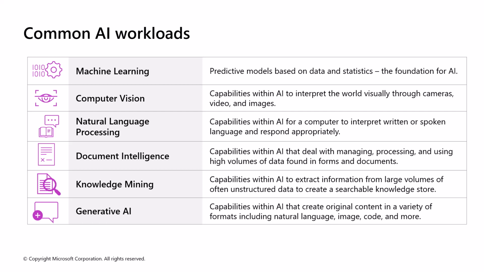Then the other capability is image analysis. You can create solutions that combine machine learning models with advanced image analysis techniques to extract information from images, including tags that could help catalog the image or even descriptive captions that summarize the scene. Then facial detection, analysis, and recognition is another solution under computer vision.